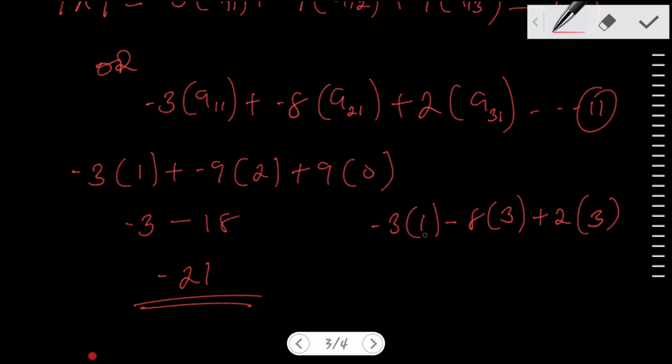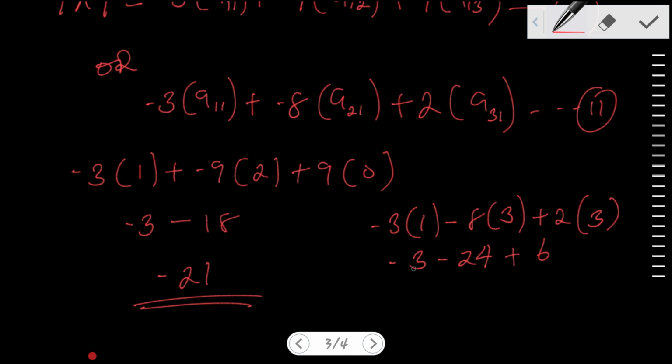So if you look at this, this is going to be -3, right? Minus 24, and also plus 6, right?